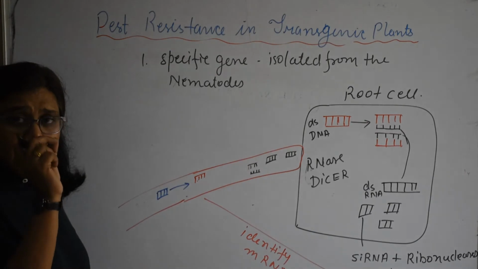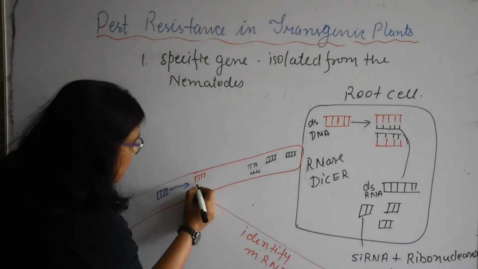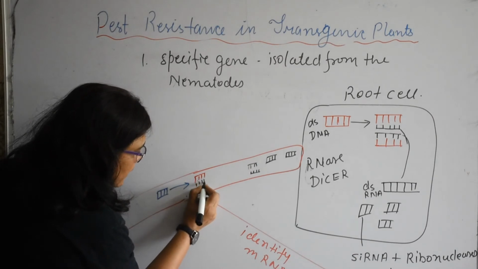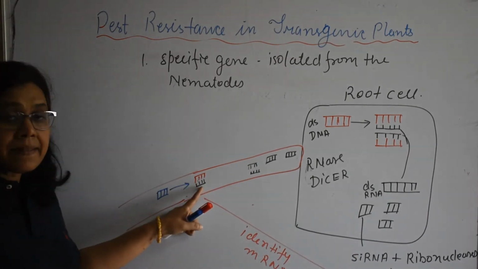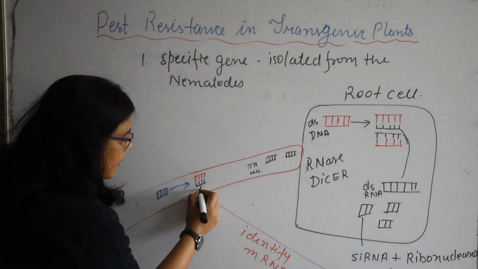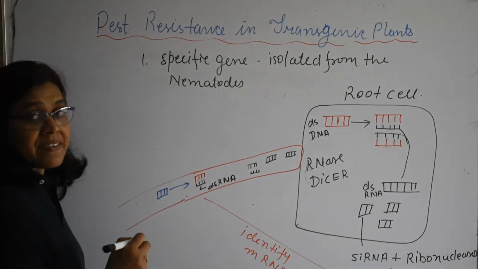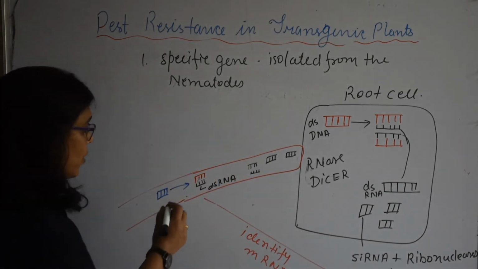This unzipped small interfering RNA will bind with the RNA molecule, and hence double-stranded RNA will form, and the messenger RNA will be destroyed.